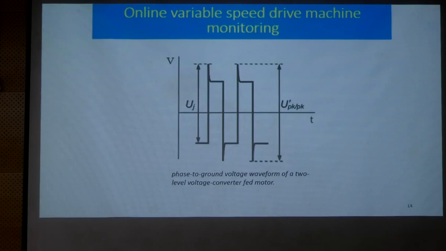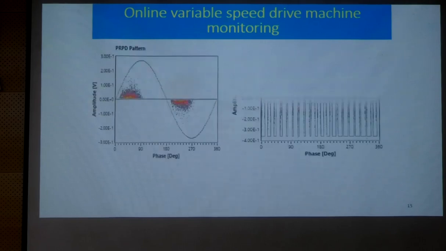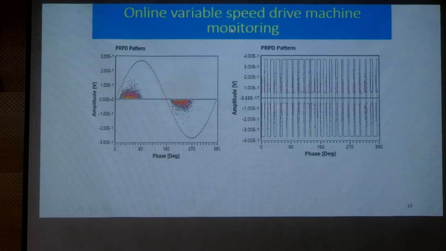This is a phase to ground voltage waveform of a 2-level voltage converter fed motor. If the insulation is not withstanding, you can see some discharges will be happening, even in the switching aspect, some discharges will be there.